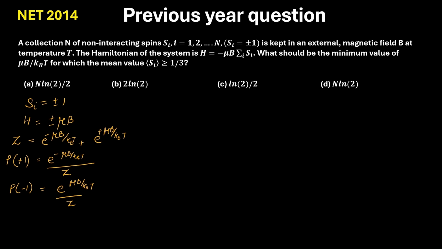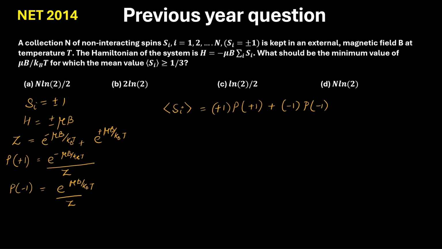Now, using this information, we can find the average value for a single particle. Not particle, but for a single spin. So the average value will be equal to the plus 1 value into the probability for plus 1, plus the minus 1 value into the probability for minus 1.